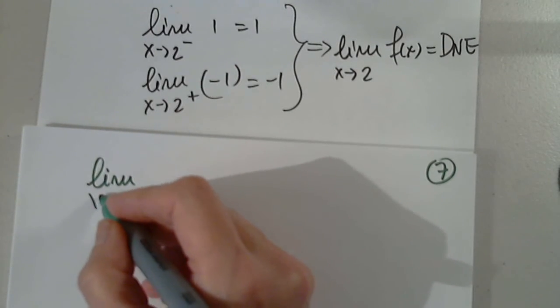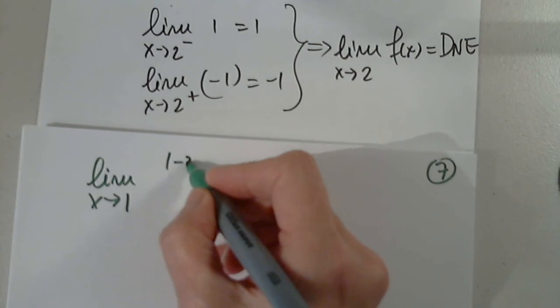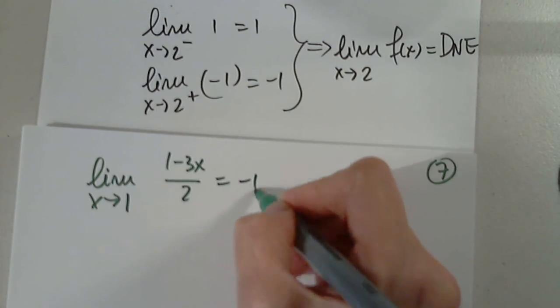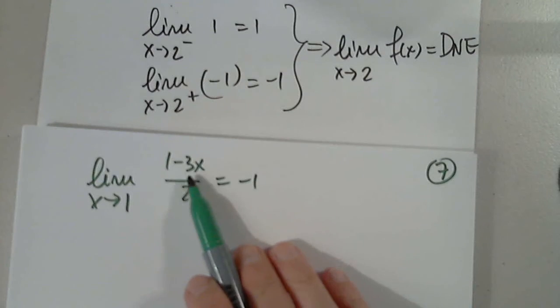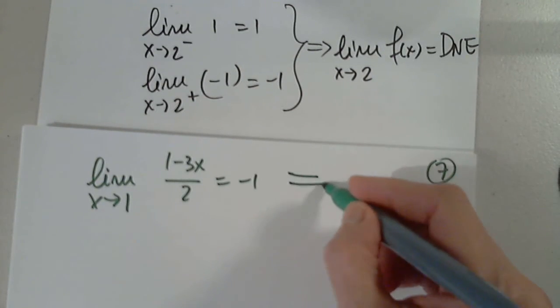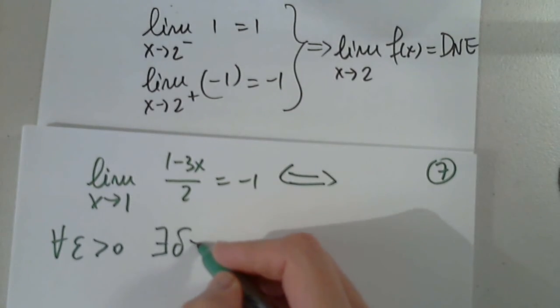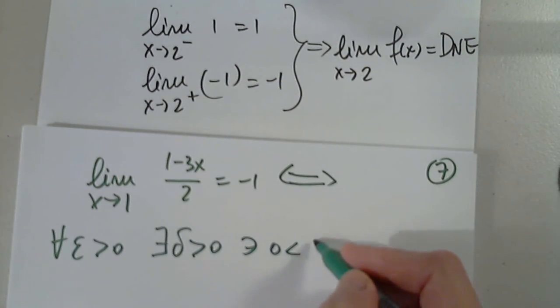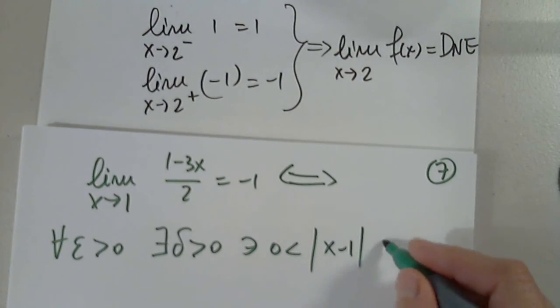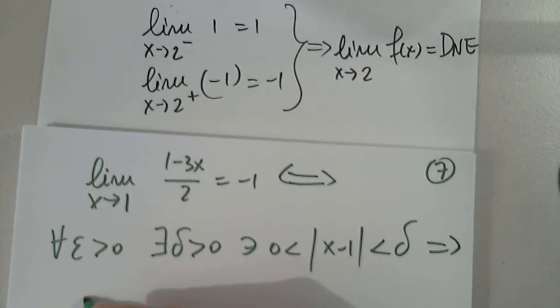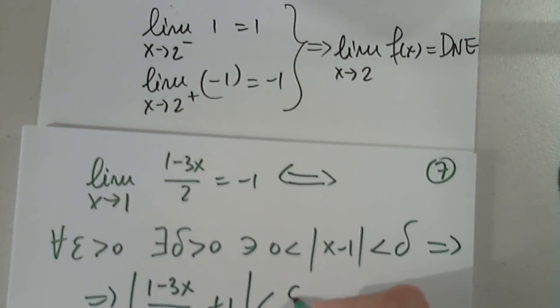So the limit as x approaches 1 of (1 minus 3x) over 2 equals negative 1. I have to check. Negative 2 over 2, yes, that's correct. For every epsilon greater than 0, there is a delta positive such that 0 less than absolute value of x minus 1 less than delta will always imply the absolute value of (1 minus 3x) over 2 plus 1 is less than epsilon.